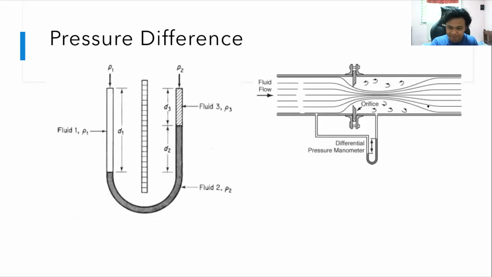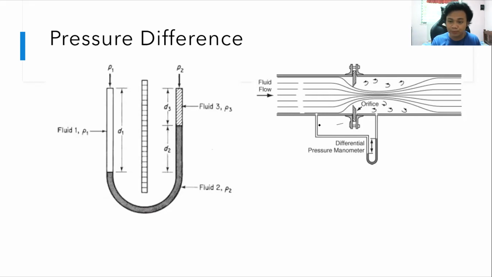Okay, so the last topic that I will share with you is the pressure difference. In chemical engineering calculations, you will be facing these kinds of calculations. So we have here an orifice. One way of getting the velocity of the fluid inside is through a pressure difference.